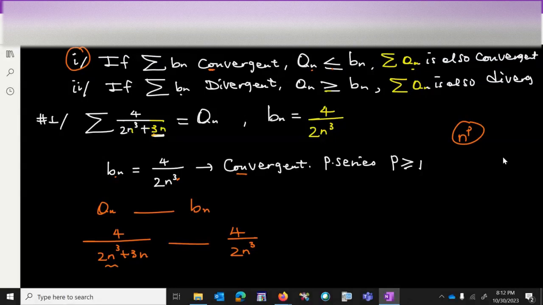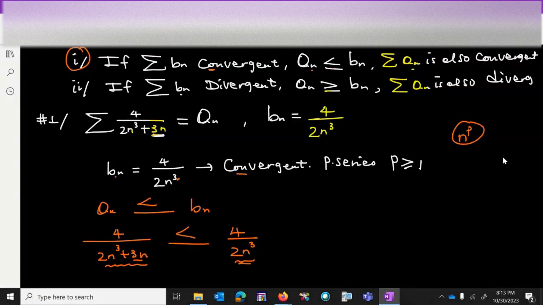The value 2n cubed plus 3n is a bigger number compared to 2n cubed, because I have an extra 3n here. So this denominator is bigger than the second denominator. The same number divided by a huge number, versus the same number divided by a relatively smaller number, is definitely less. So a sub n is less than b sub n.